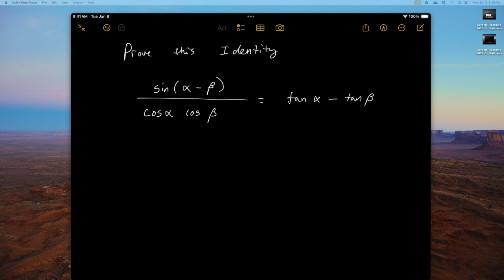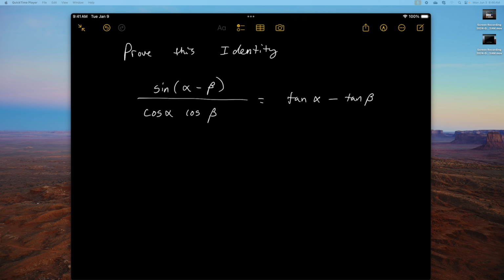So if you remember, when we do this, we take one side and try to make it look like the other side. Now, we usually take the more complicated side to make it look like the simpler side. So let's look at the left-hand side. Let's see if we can get the left-hand side to look like the right-hand side. So on top, we obviously have a difference formula for sine.